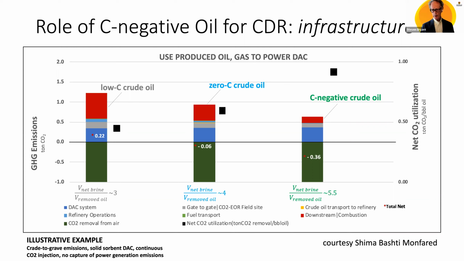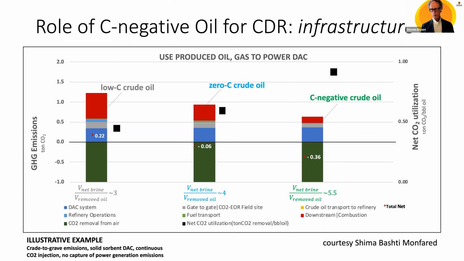So she's got 3 examples here which correspond to different ratios of brine removal relative to each volume of oil produced. So those green bars below the 0 line, so the y-axis is greenhouse gas emissions, those green bars are each 1 ton of CO2 removed from the atmosphere. The bars above the 0 line are the emissions associated with the process.